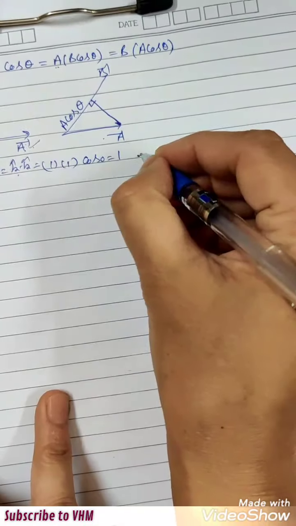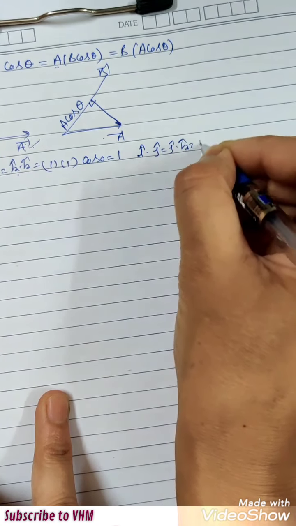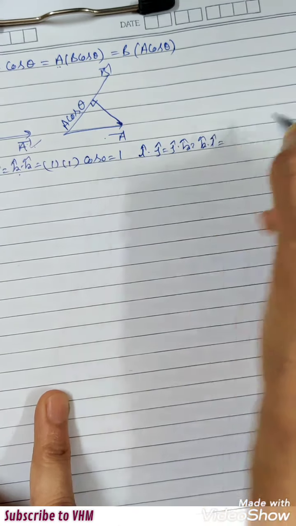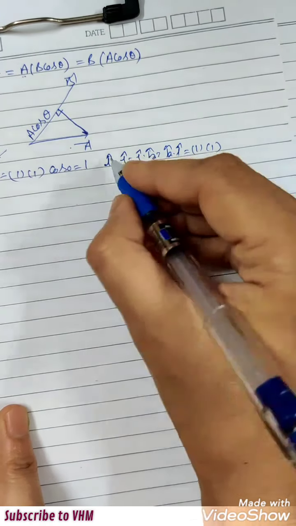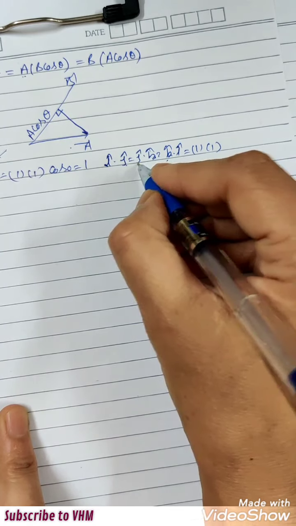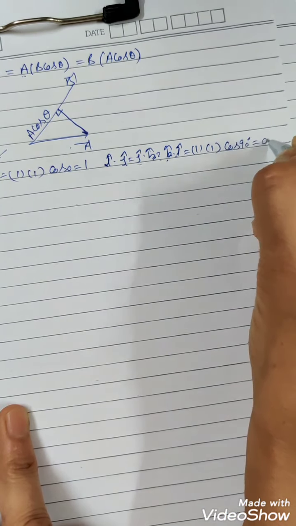But about I dot J, J dot K, and K dot I, these are again magnitude 1, 1, but they are perpendicular, x, y, y, z, z, x, so cos 90 degrees is 0.